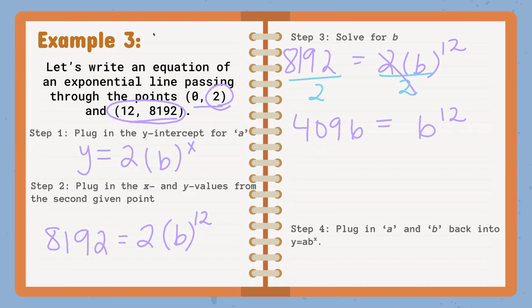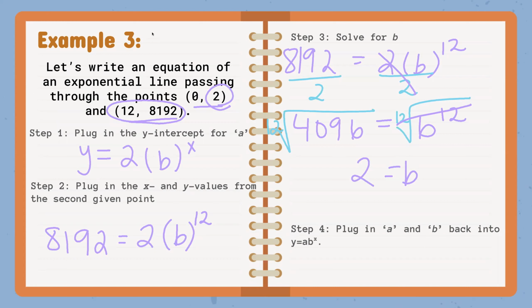Now to undo that exponent, I need to do a root. So because it's to the 12th exponent, I'm going to root this by 12. And if you put this into your calculators, you will get that B is equal to, in my calculator, I'm putting 12 root of 4096, and I get that the answer is 2.